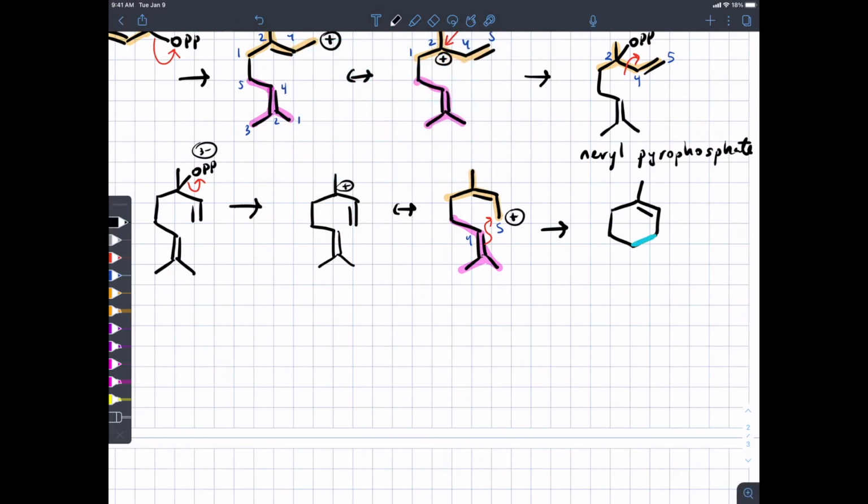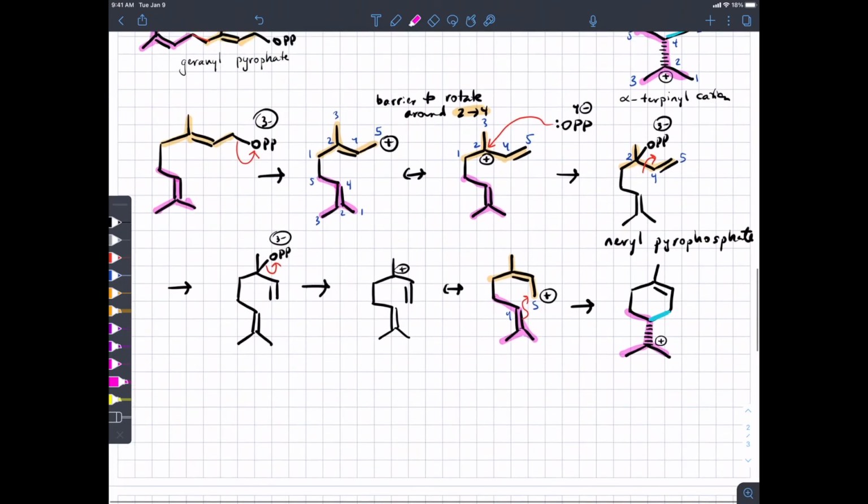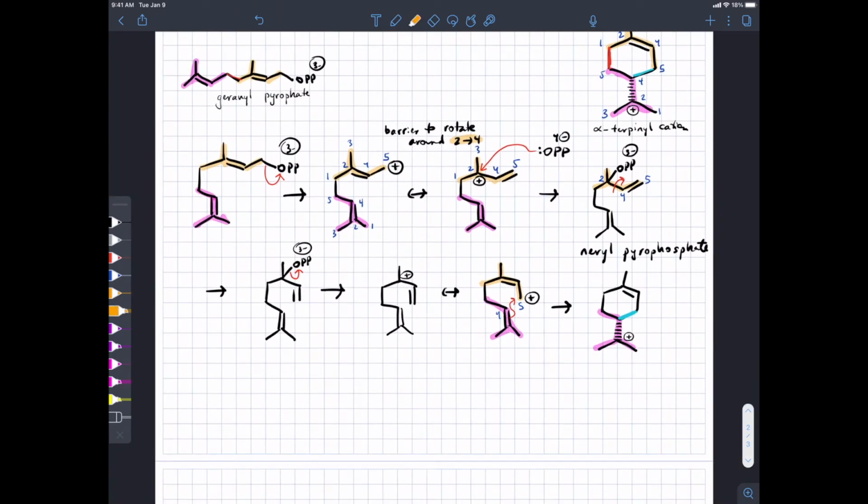And as this step occurs, the enzyme biases this carbocation such that carbon 4 attacks orange 5 from below, so we end up with this stereochemistry. You would not have predicted that necessarily, but that's what enzymes do. Enzymes are chiral and they can favor one enantiomer over the other. So if you compare back to the intermediate we wanted to get to, this is that alpha terpinyl carbocation.